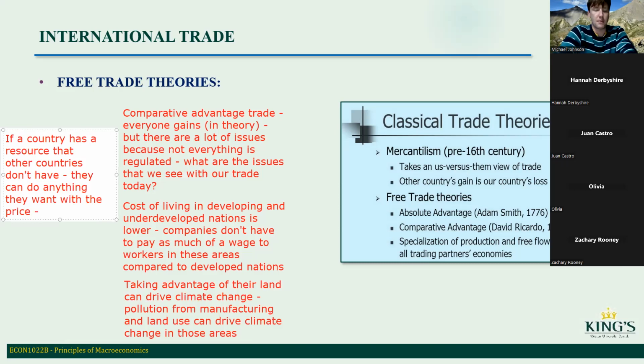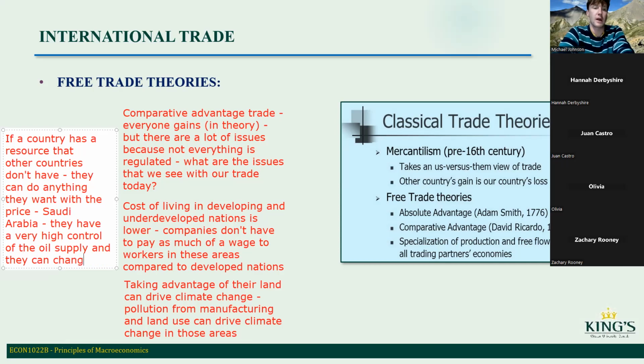For example, Saudi Arabia is one example. They have a very high control of the oil supply, and they can change the price by restricting supply or increasing supply.